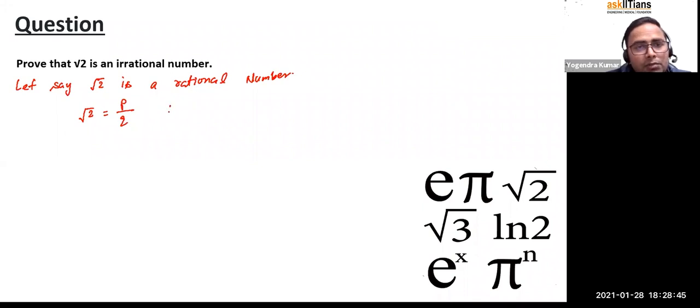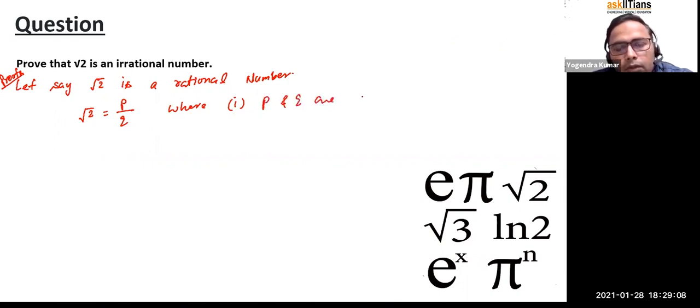We need to remember the conditions, so I'm rewriting them, because when you're giving the proof, you should give all the points clearly there. When we write proofs, because it is a subjective question and we want to get full marks, we need to clarify all the points clearly here: p and q are integers. Second point, q is not equal to 0.